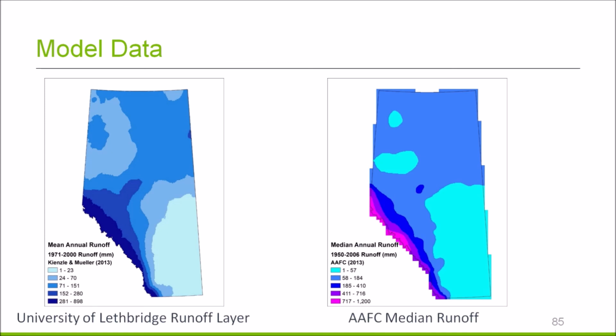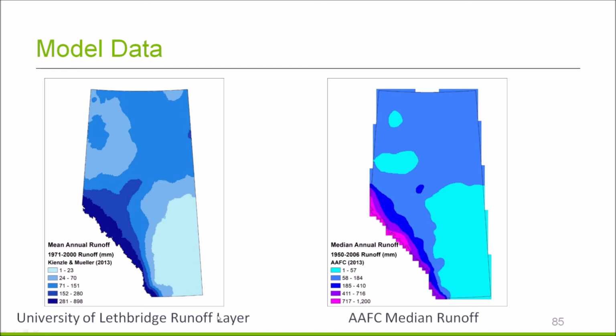Now again, because the model is a long-term average model, we had to find the source of long-term average information in terms of surface runoff. So we have two sources here. The first one, on the left, is the University of Lethbridge runoff layer.